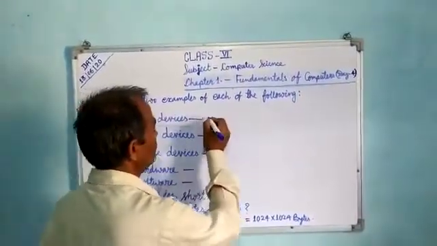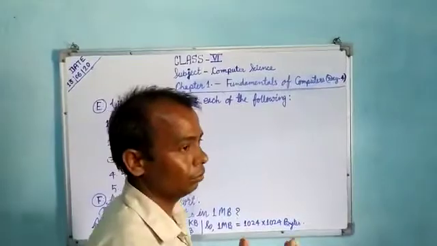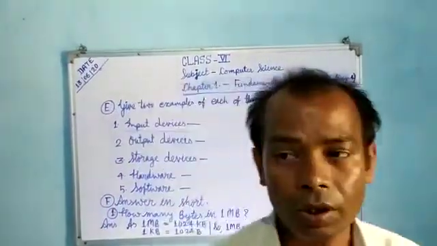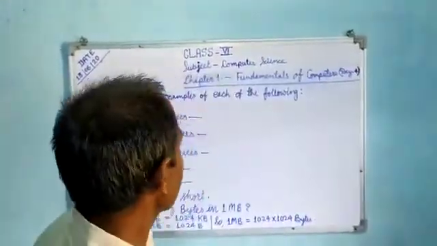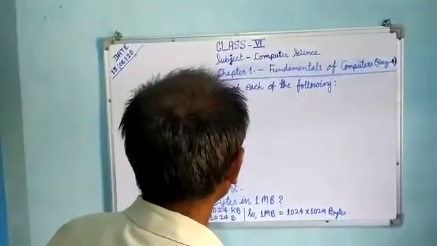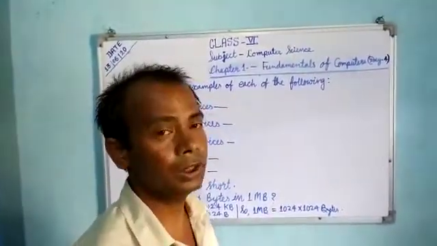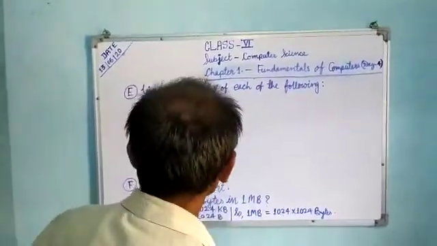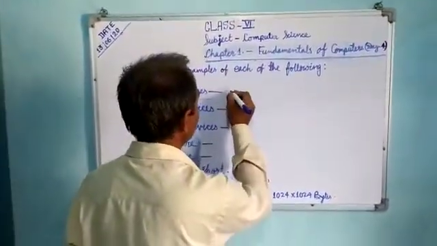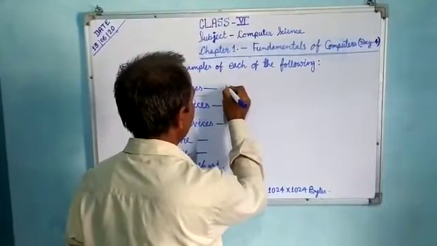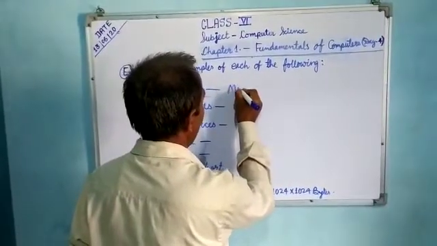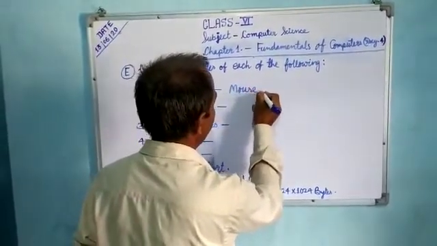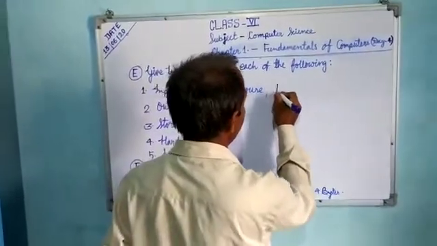So you can say microphone, keyboard, mouse, MICR, OCR. These are some examples of input devices. So you can write here input devices: mouse, and one more example you can also write, the keyboard.